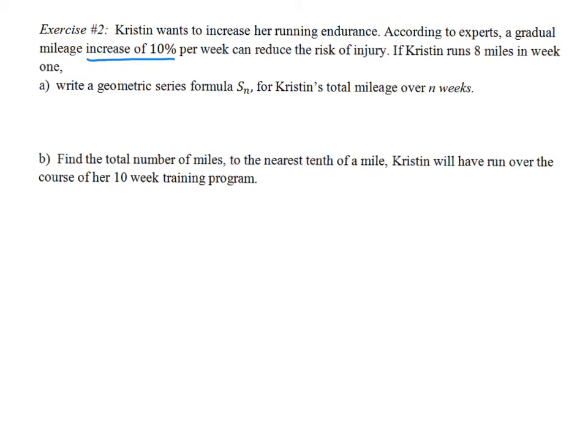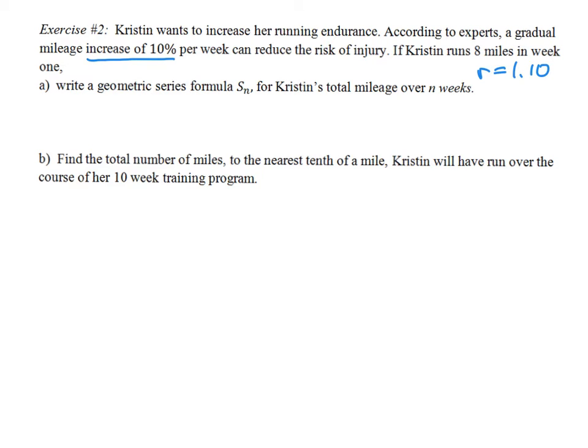Of course, what that's going to mean is that my R value is going to be 1.10. And again, I'm talking a different R than I was talking back in my exponential growth problems. This R stands for what I'm going to multiply the current week by to get the next week's amount of miles that she runs.